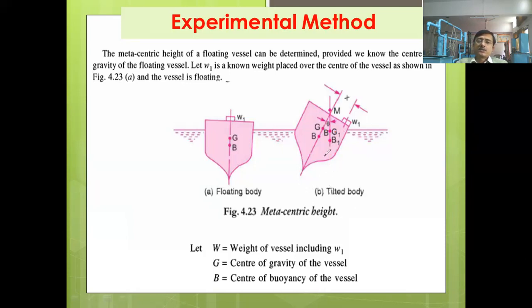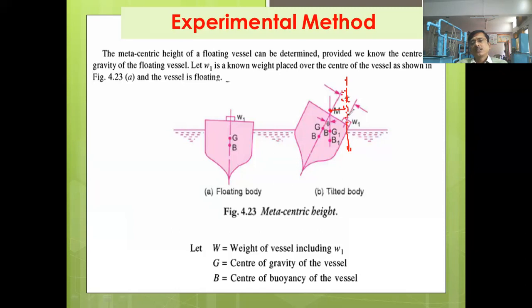Now the couple, that moment, is going to form because of this shifting, this weight which is acting in the downward direction. It has shifted from this point to this point, so the distance between these two is x.